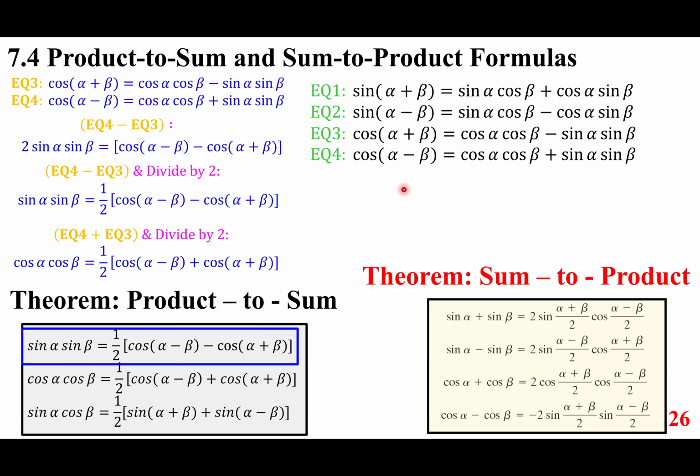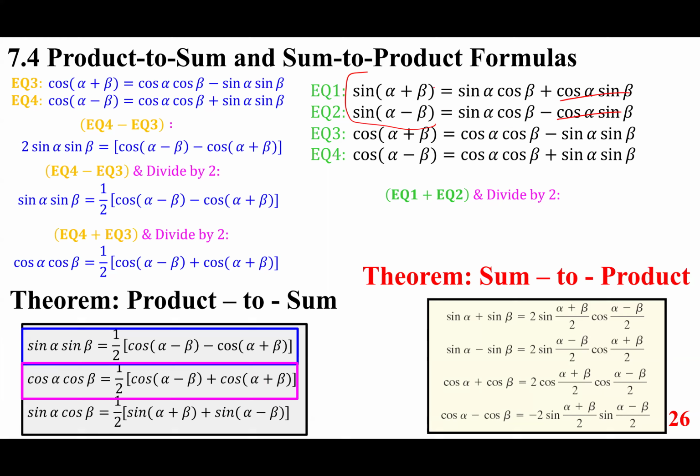What about here? Let's look at equation 1. Equation 1 says sine of alpha plus beta is sine of alpha cosine beta plus cosine alpha sine beta. Equation 2 says the same thing with the negative sign. So if we add these two, okay, so that's, by the way, the proof of this one, everybody. Now, if we add equation 1 and 2, and divide by 2, I hope you see these two cancel each other.